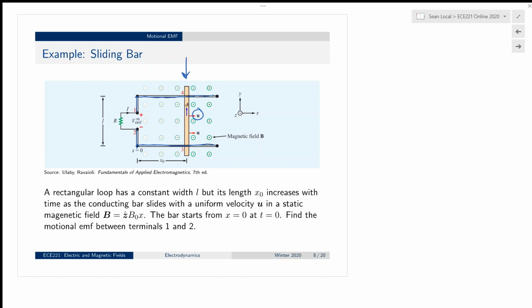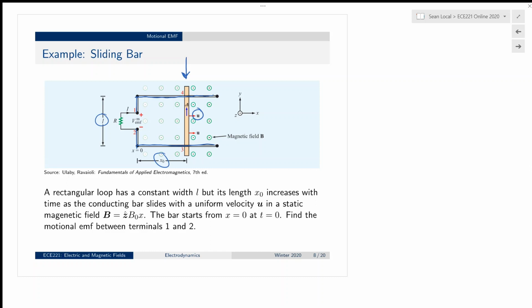So we have this rectangular loop, and the width of this loop is constant because the distance between the top and the bottom rail is not moving. But the length of this rectangular loop, which is x naught, increases with time. And this conducting bar is going to move at a constant, or uniform, velocity u.